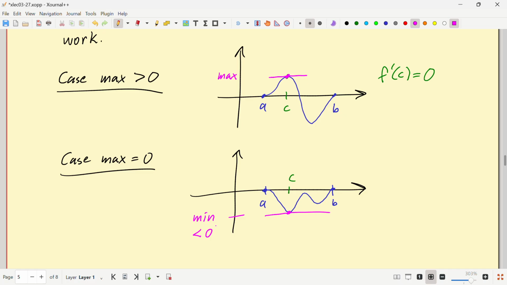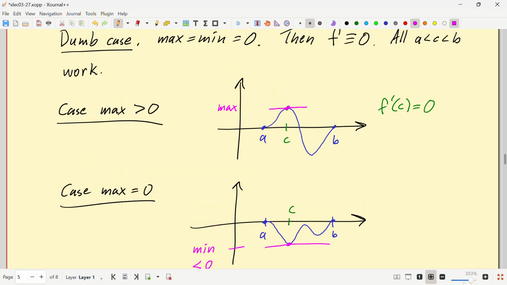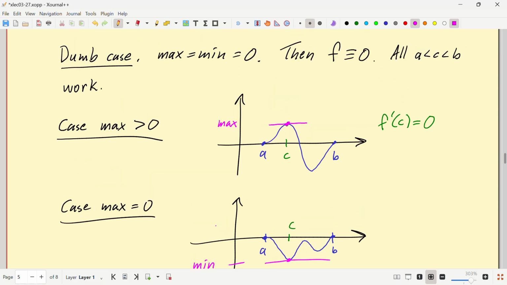The book gives you a paragraph where maybe it does it more carefully and uses more words, but no pictures. Anyway, it's all about knowing there's a max and a min. If the max is positive, then the slope would be 0 there. If you don't have that, then you have to deal with the min. Another standard trick in books is, let's say I was going to write a book and I wanted to use as few words as possible. The dumb case is still the dumb case.